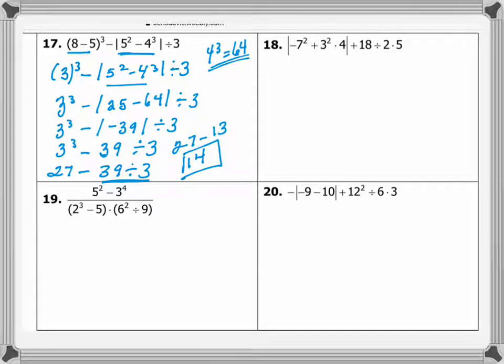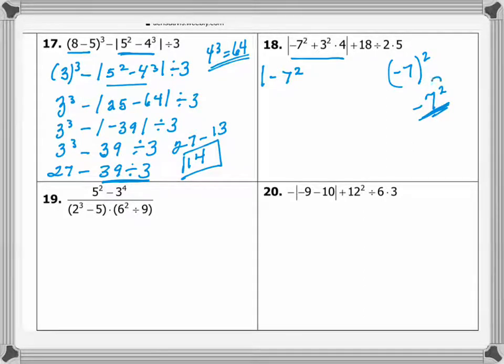Number 18, let's do all this first. So inside the absolute value, we have, okay, this is really neat, negative 7 squared. This is a good time to talk about this. Does this mean the quantity negative 7 twice? Or does it mean the opposite of 7 squared? This is what it is, okay? There are no parentheses.